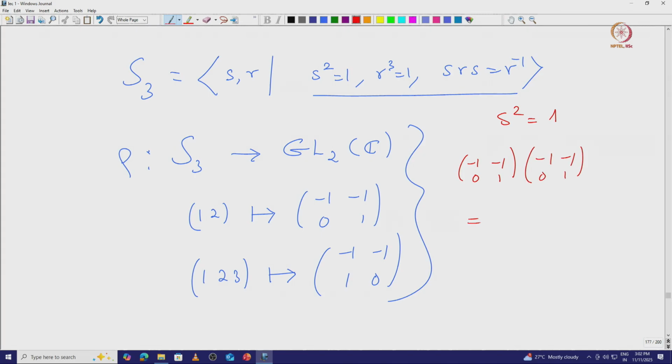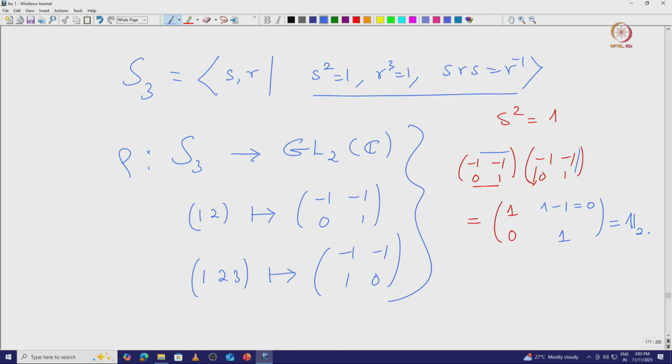Let us compute this. -1 times -1 is +1, and then 0, and if we take this and this, this is 0, and similarly this and this, it's 1 minus 1, which is 0, and this is 1 again. So we get the identity matrix.